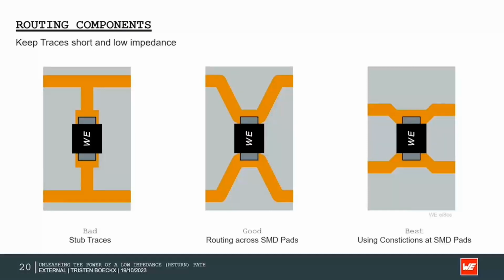If we look at the middle picture, we can see that the routing is done better. There is no longer an inductance above and below the component, but there are still long traces. If you look at the right, this is the best way because there is the lowest inductance or impedance introduced.